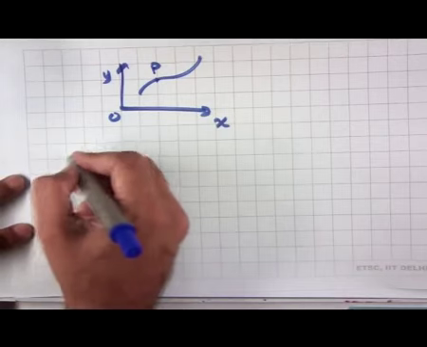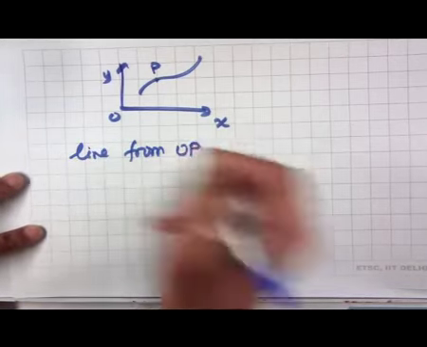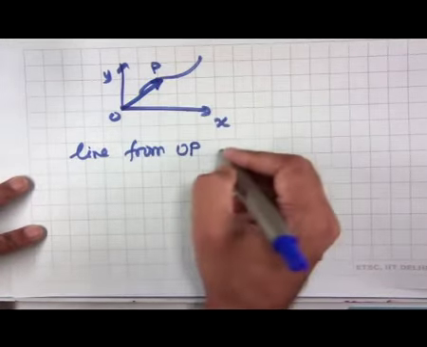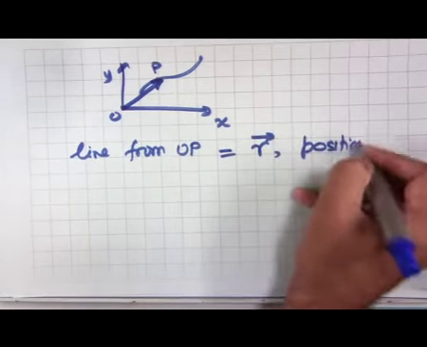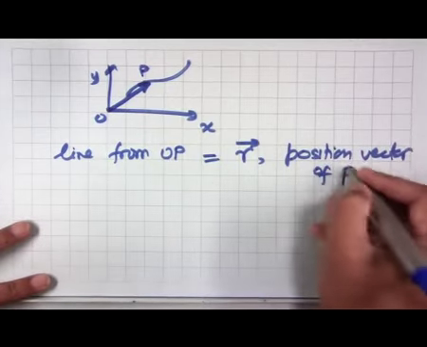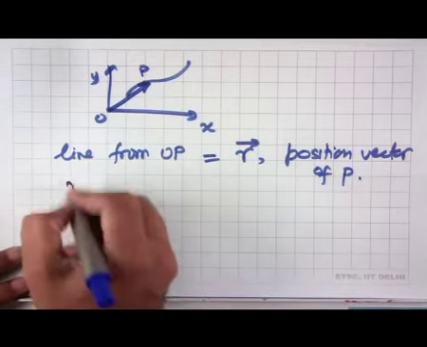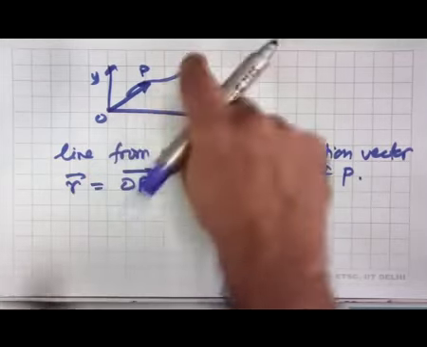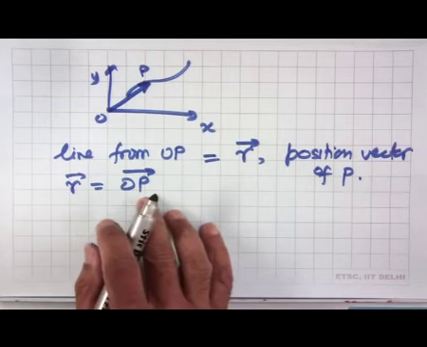Now, the line from O to P, if I draw this, along this direction, this is called R, the position vector of point P. So, we can write vector R is equal to OP, and because we are going from O to P along a particular direction, we represent this with a vector sign.